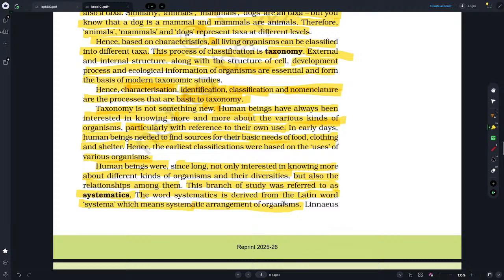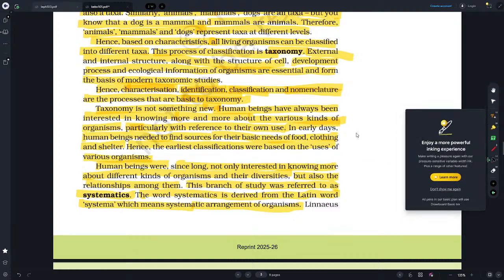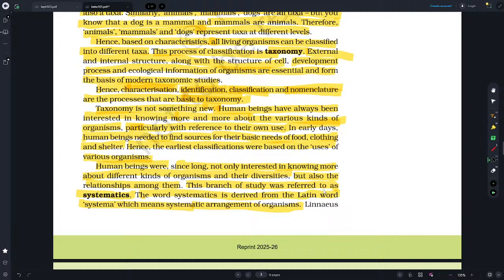Systematics is basically how a wolf is related to a dog, or how other similar species are related to each other. This branch is what we call systematics, and it is based on evolutionary relationships.